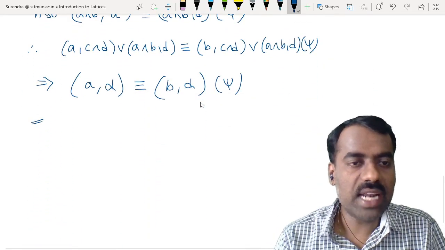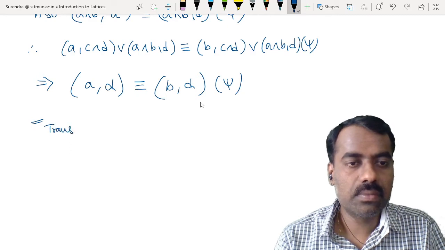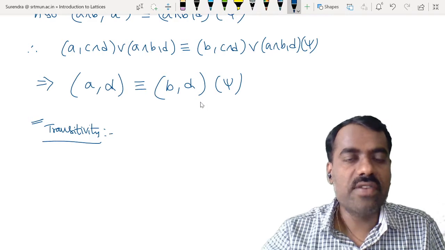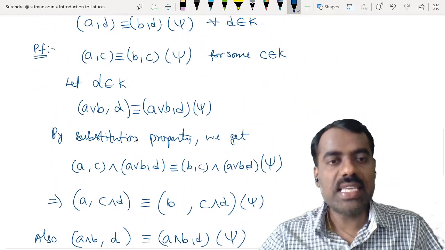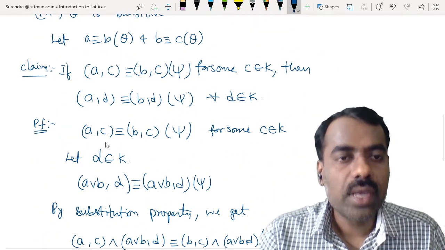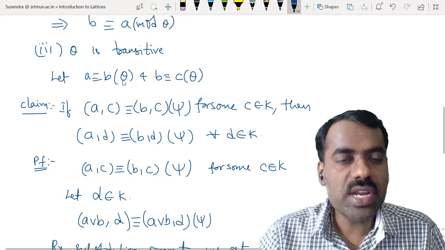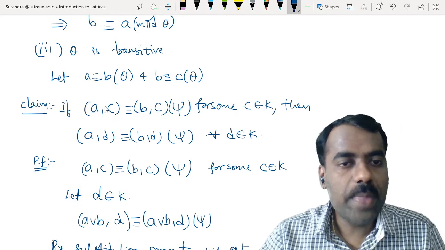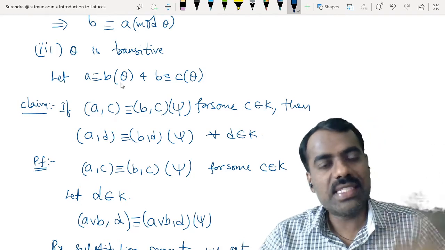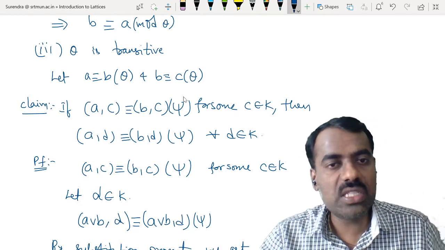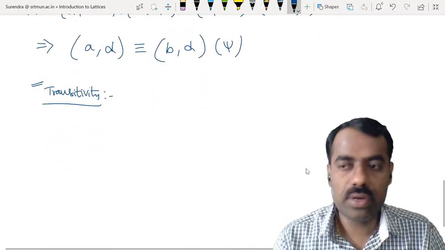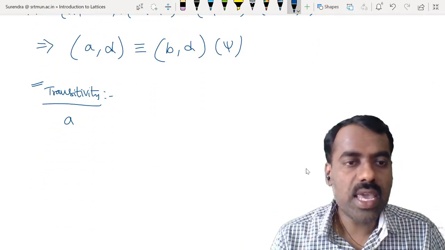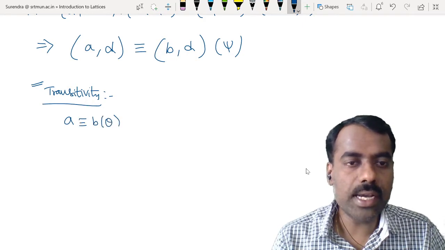Now let's go back to transitivity. Right? So how we will prove the transitivity? Here A is congruent to B modulo theta and B is congruent to C modulo theta. So by definition you can take same element, whichever works for here also works for here. So I can write A is congruent to B modulo theta.